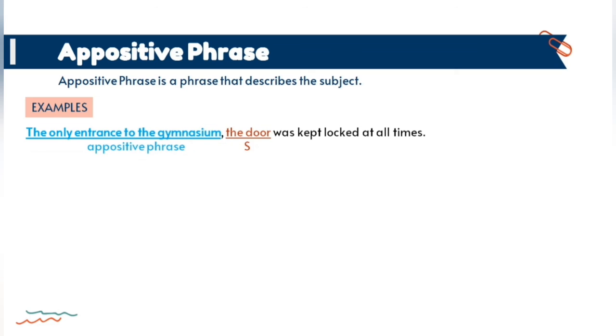Dalam kalimat ini, the only entrance to the gymnasium itu sebagai appositive phrase and the door is the subject. Di sini the only entrance to the gymnasium itu menjelaskan subjek dari the door itu. Jadi kalau ada pertanyaan, pintu apa? Pintu, satu-satunya pintu masuk gymnasium. The only entrance to the gymnasium, the door.